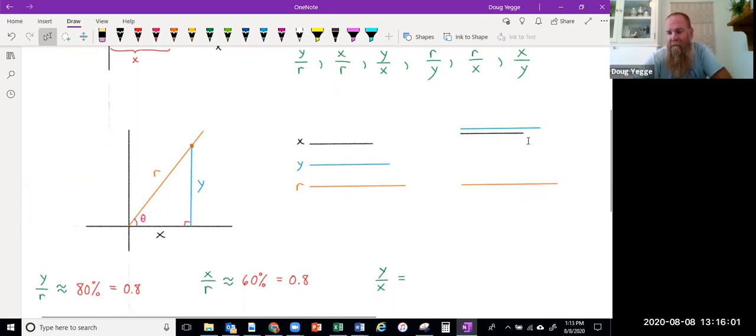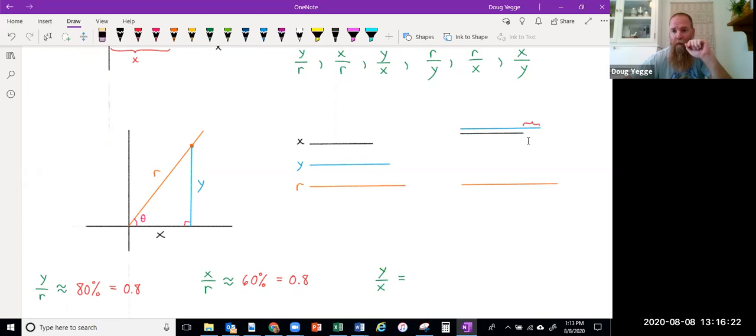So now we just have to figure out how big is this difference right here, that little difference, compared to the original. It looks like it's maybe about 1/3 more, somewhere about 33% more.